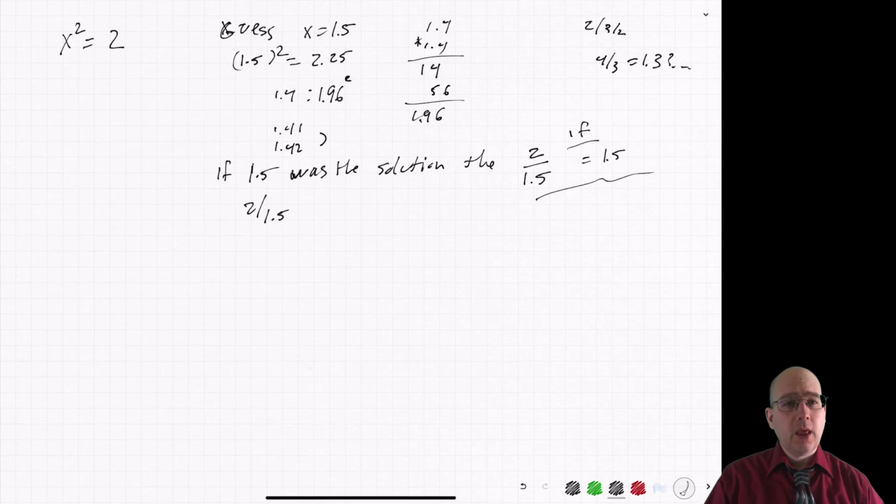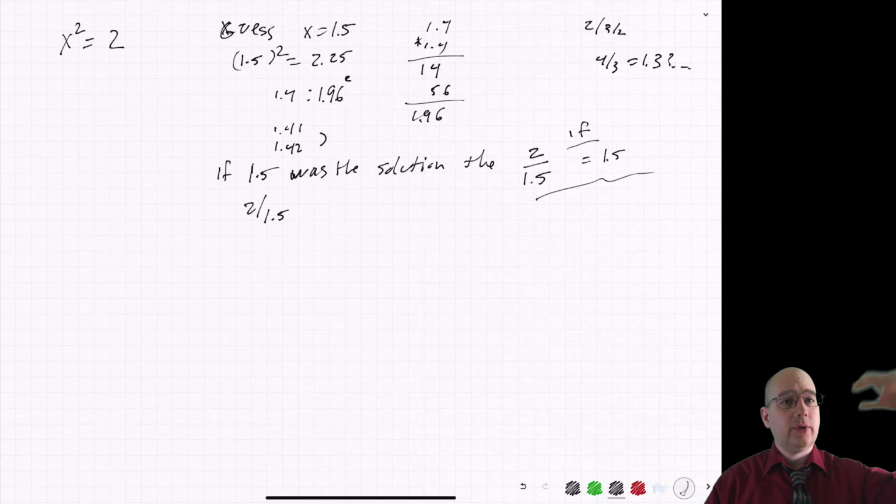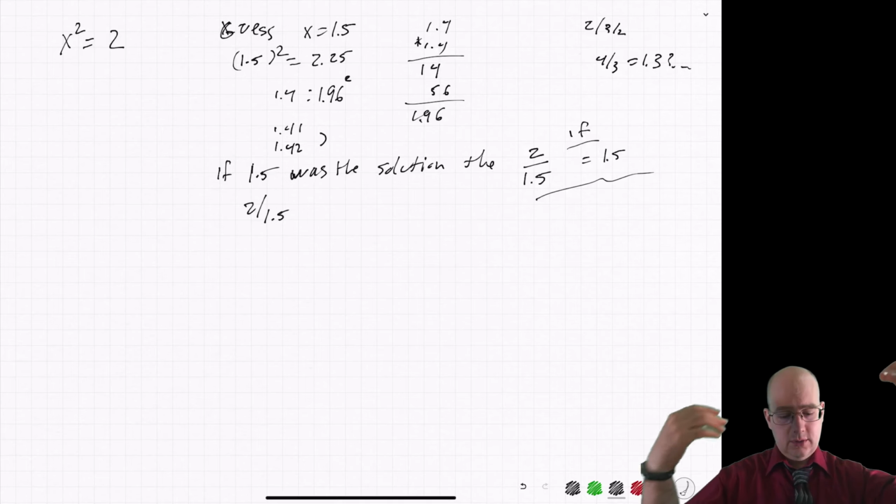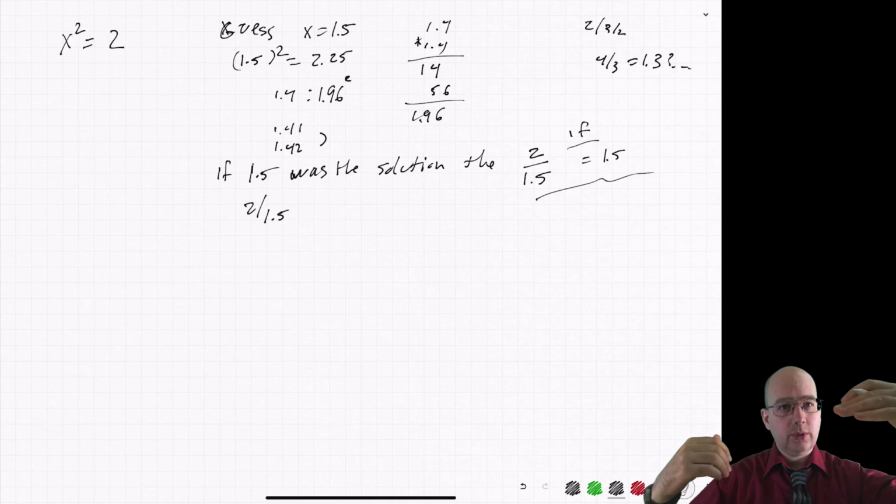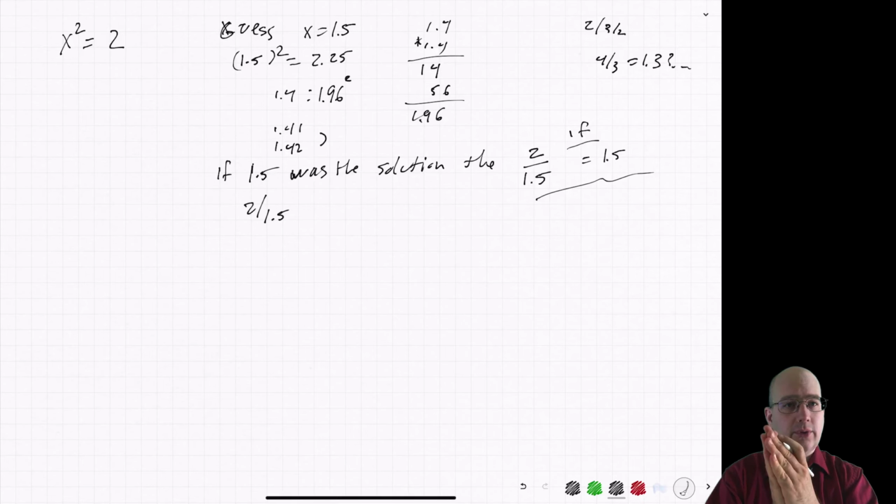Okay? And so the idea here is essentially we want to average the two. So 1.5 was above, and the 4/3 was below. And so we're just going to go with trying to get into that middle zone.